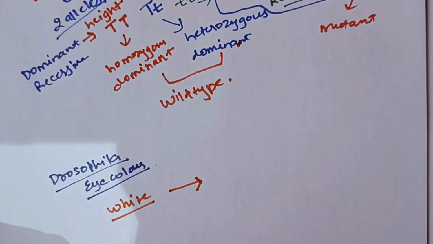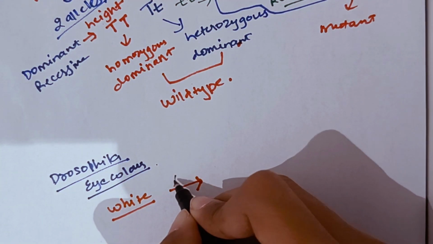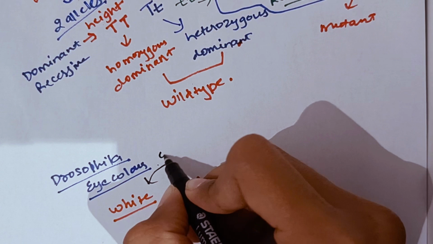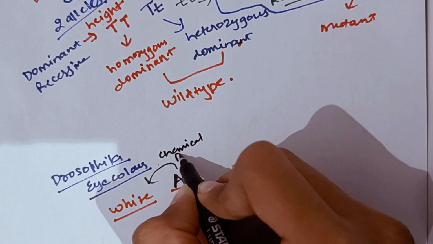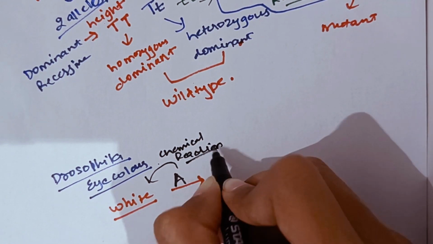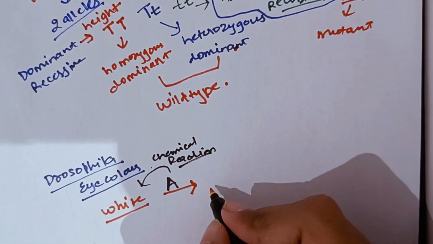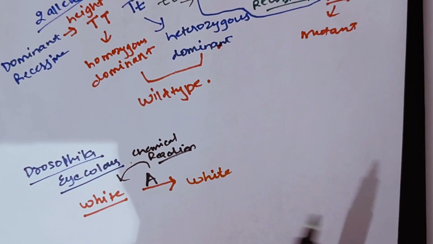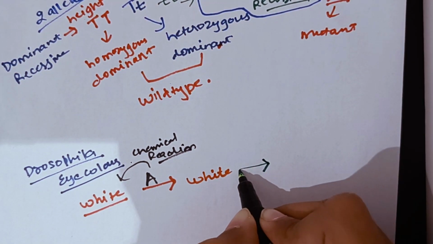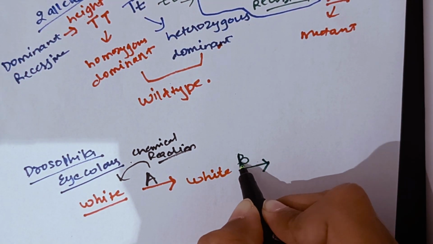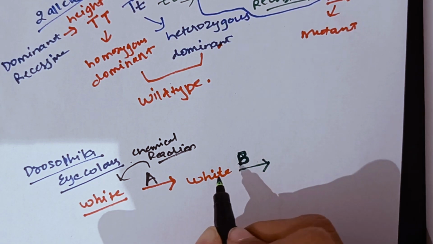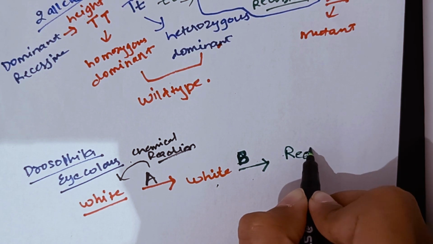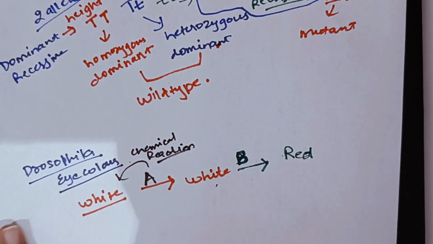If gene A is present, it causes some chemical reaction or changes, and the phenotype is still white. Then there is another gene which codes for protein B, and this protein B changes the color of the white to red, or green or whatever you want to say.